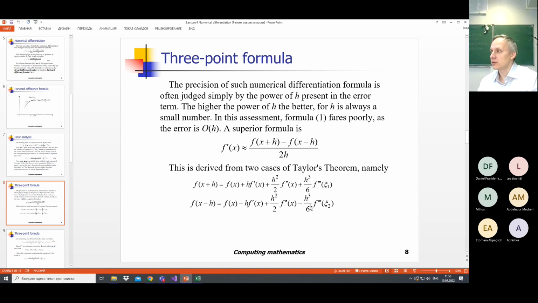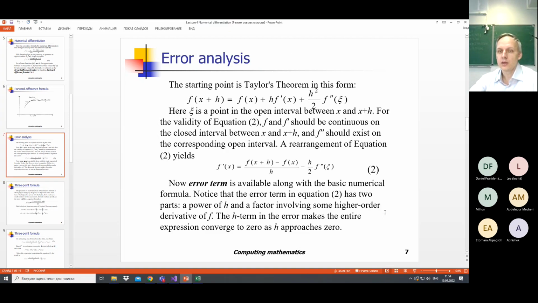We decrease h 10 times, and the error decreases 10 times. And we can say that formula number 1 fares poorly, as the error is of order h. This notation means that the error term has the order of h to the power 1.